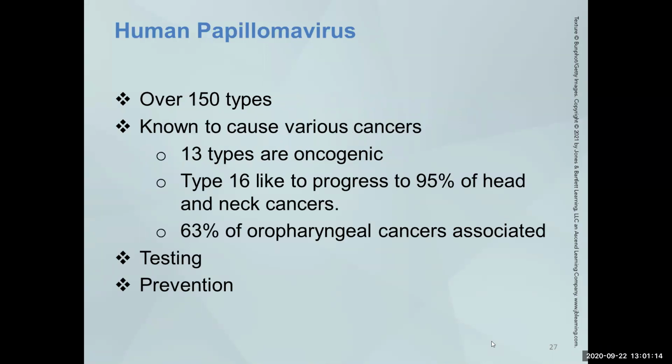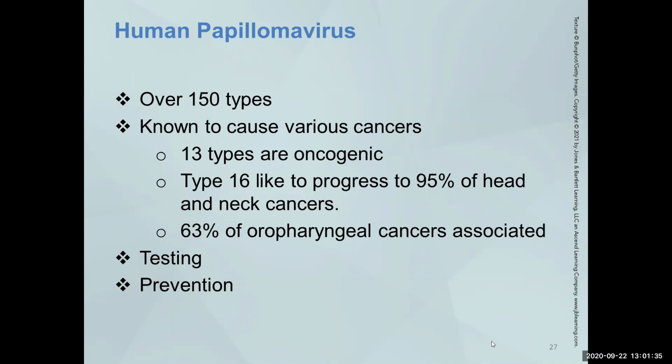Then the HPV. How many of you have had immunizations for HPV already? I don't expect you to answer this. There are over 100 types of HPV, okay? So 150 now they're saying.